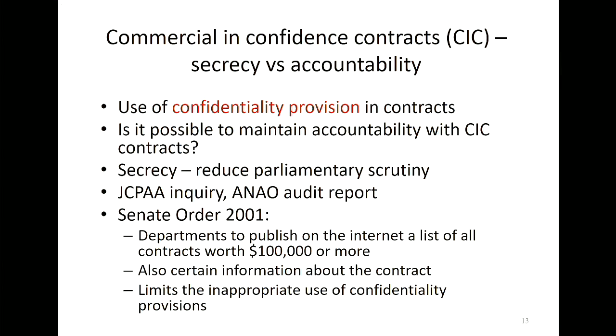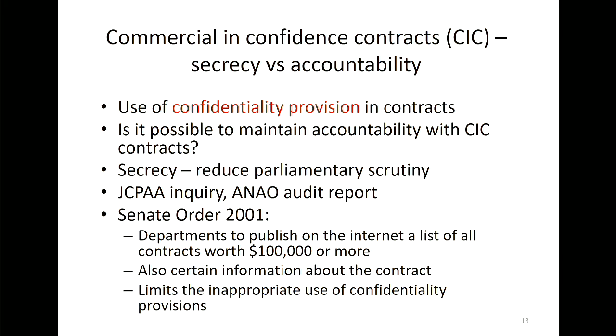commercial in confidence contracting. Now, because of the concern about secrecy, that might reduce parliamentary scrutiny. Previously, there have been a number of JCPAA inquiries and also ANAO audit reports that highlight the government contract problems.